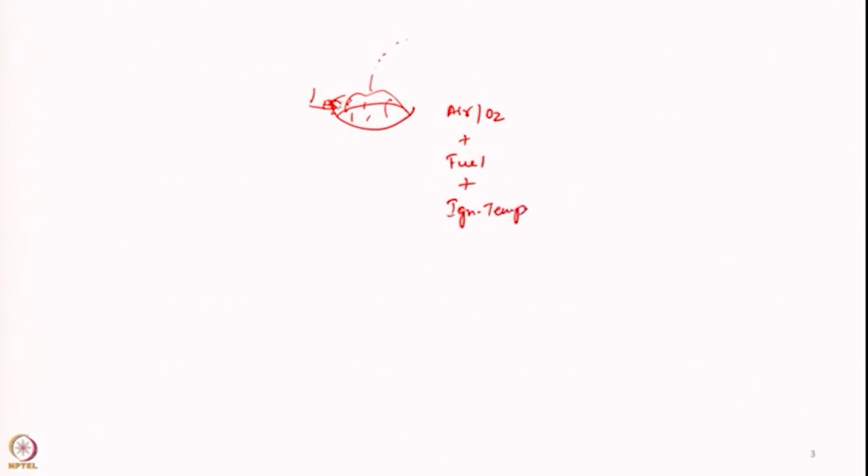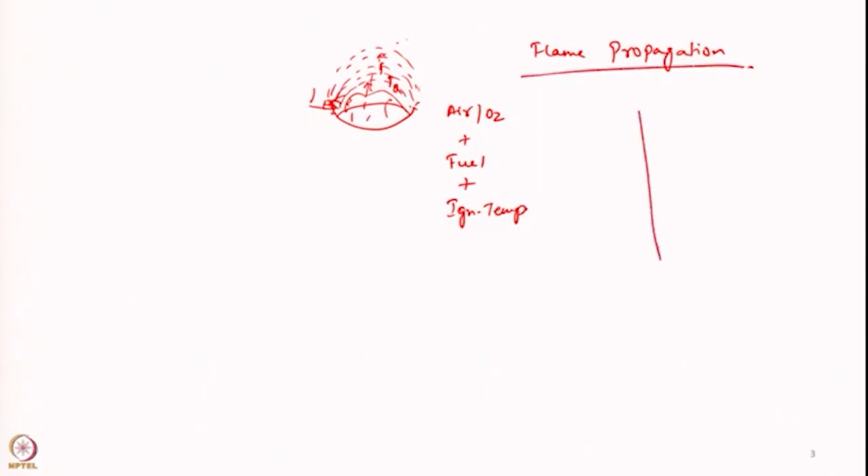The ignition temperature will be there if this flame transfers heat to the nearby molecules of fuel and oxidizer, and then you see a flame propagating. This is typically known as flame propagation, and this is what happens in an IC engine.